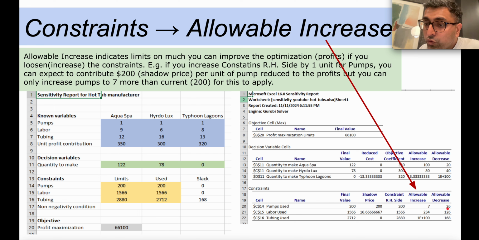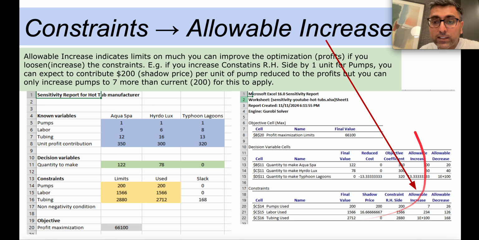If you reduce by 26 pumps, you reduce 200 profit for each pump, but your decision variables will still stay the same. So remember, when you make all of these decisions, let's say you decrease the pumps because there was a pump shortage, and you reduce it by 20.